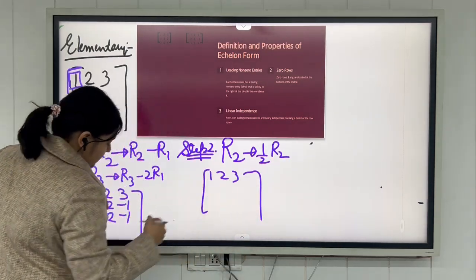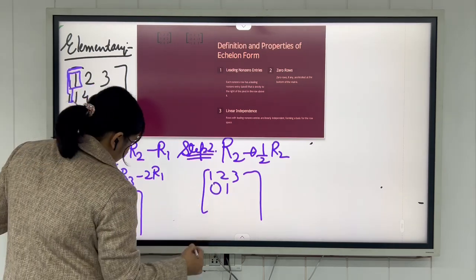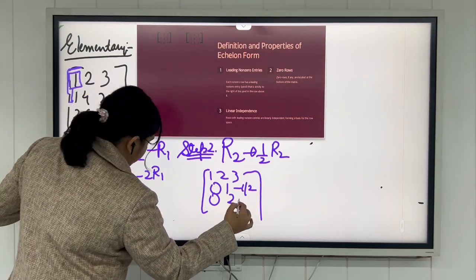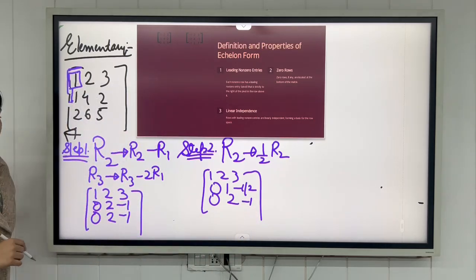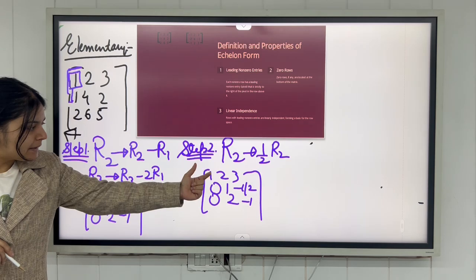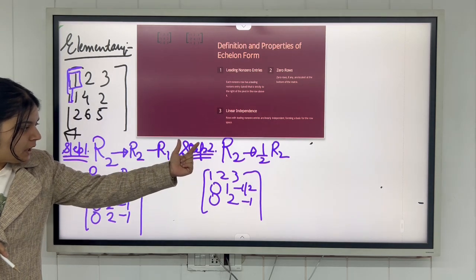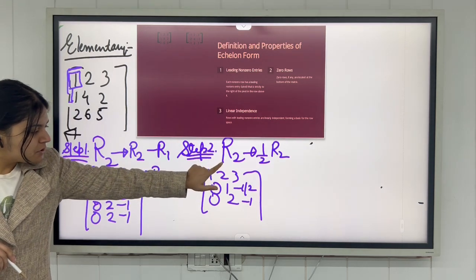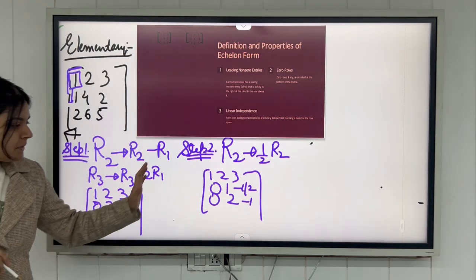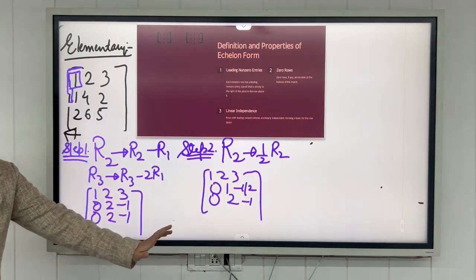You will get 0, 1, negative half. Please make sure that whatever elementary transformation you apply in step number 2, you must do it on the step number 1 matrix, in the same progressive manner, right?